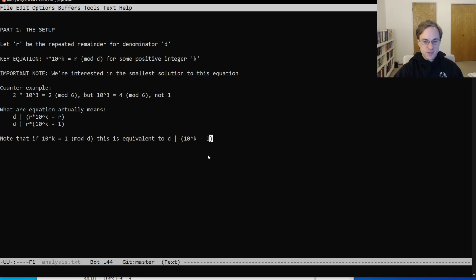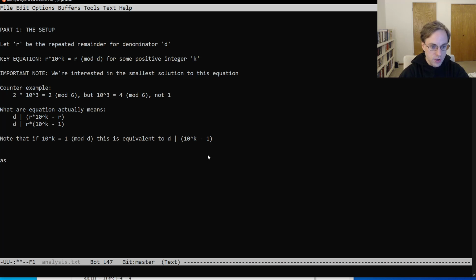And so you'll notice that if our intuition were correct, that our statement here that we've derived would also be true, but the reverse is not necessarily the case. So let's look at the situations where this fails, where we can't conclude d divides 10 to the k minus 1 from d divides r times 10 to the k minus 1.